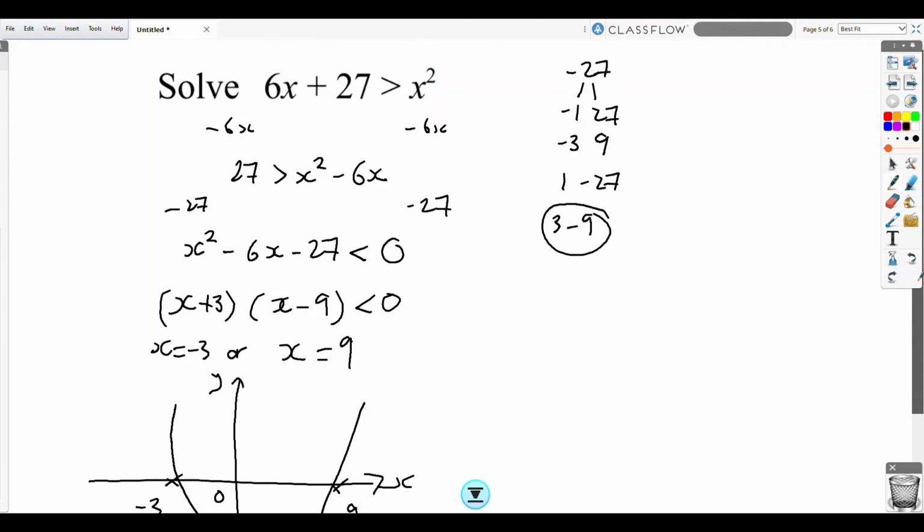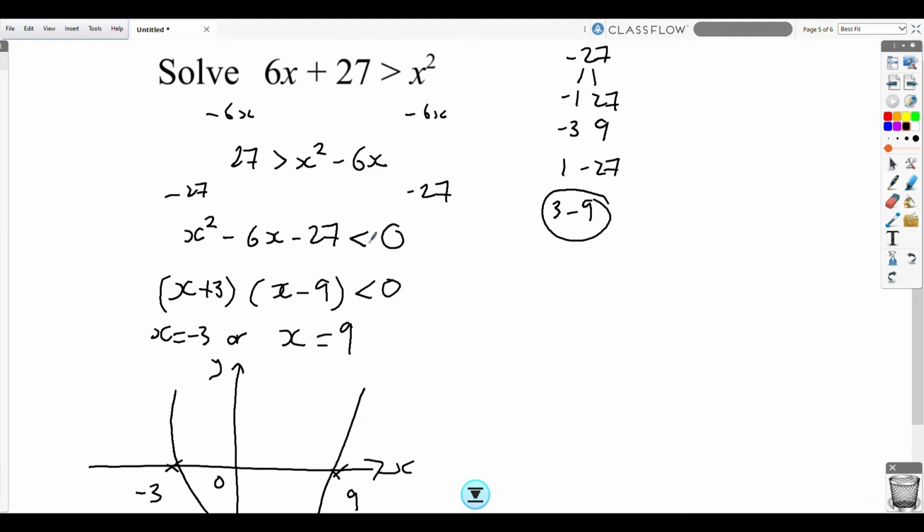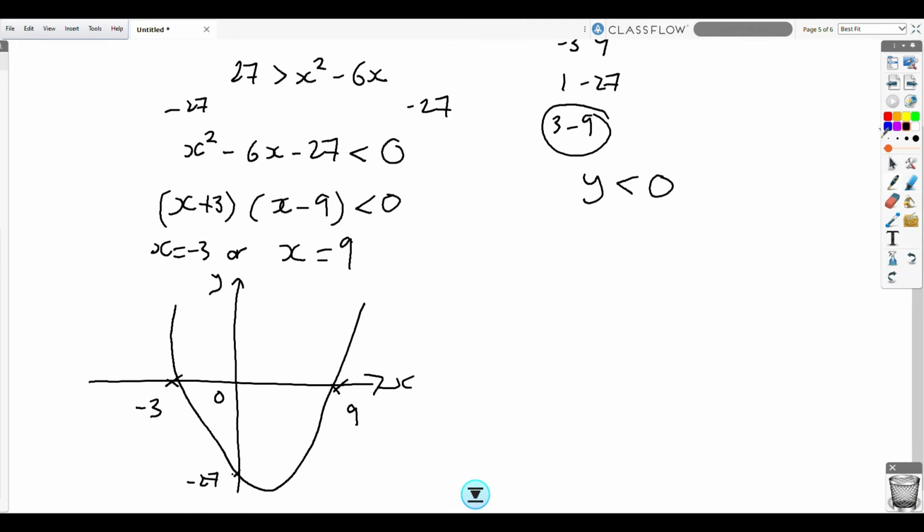Once again, we're trying to find what part of the graph we're interested in for the range of values. Well, we know we're going to replace this equation with y, so it becomes y is less than 0. Y is less than 0 is the range here to here. So we know it's going to be minus 3 is less than x less than 9.